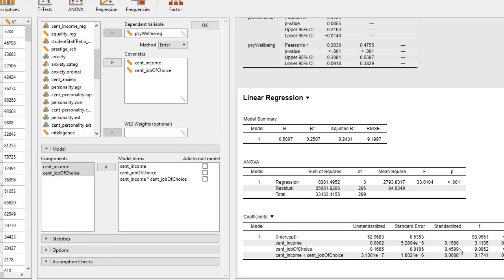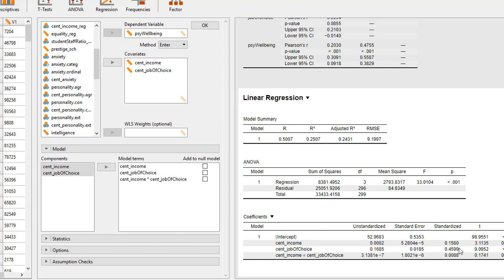And remember z-scores, you have to subtract the mean as we did with the centered values, but then you also divide by the standard deviation, and that gives you the z-scores of the variables.